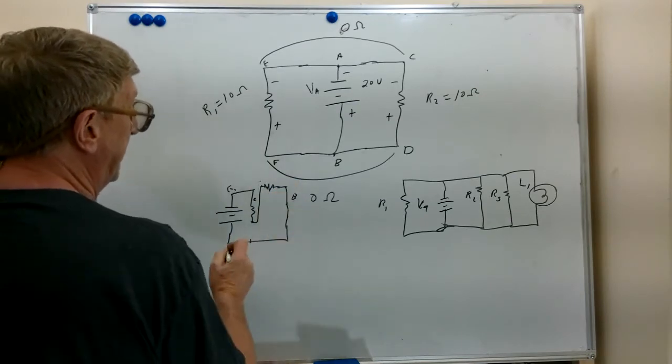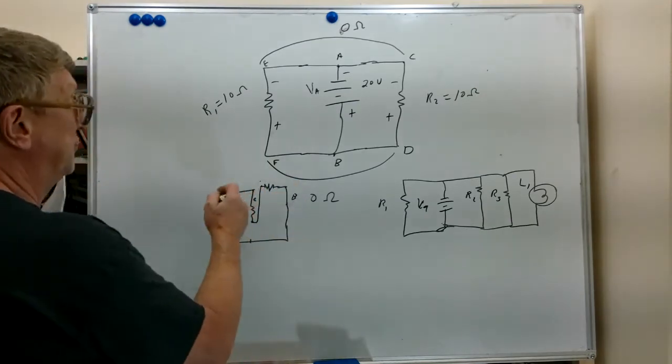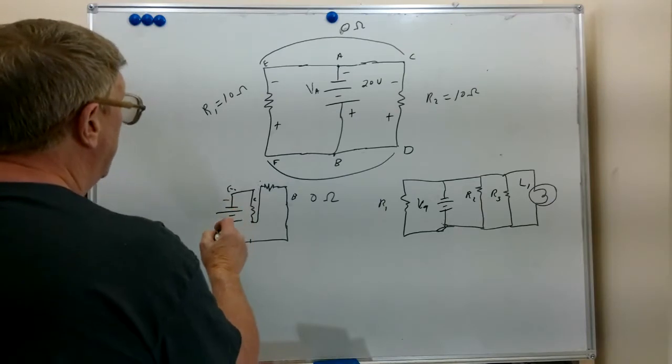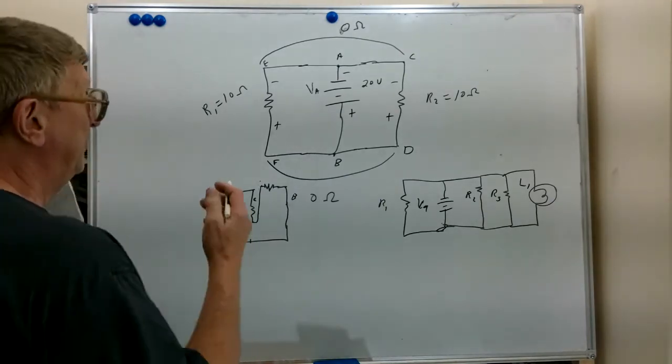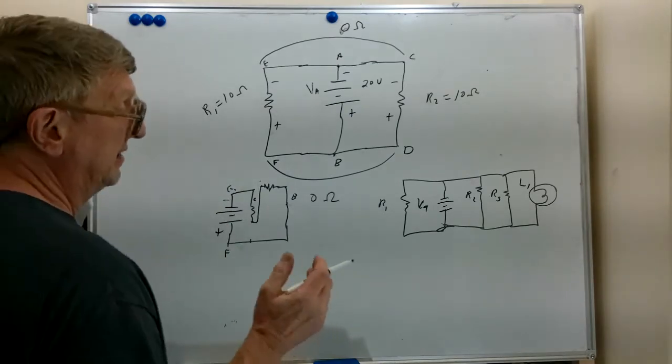This end resistor is connected back to the battery. This end of this resistor is connected back to the negative side of the battery. So the two leads of these two components are not connected to the same place.